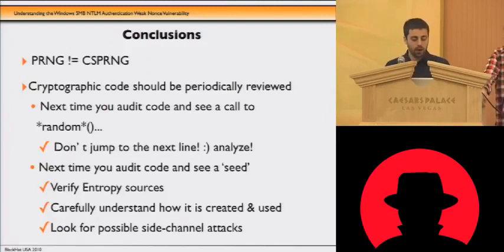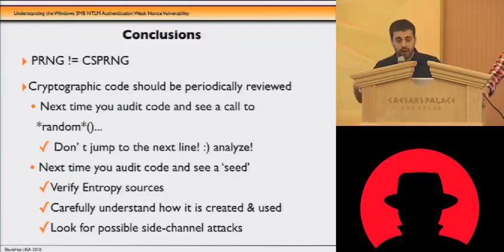Also, it's very important how the seed is created and how it's used. For example, it's not good to take 2 bytes and expand those 2 bytes to 4 bytes, because you do not actually have 4 bytes of entropy. You only have 2. That might be a wrong use of a seed.